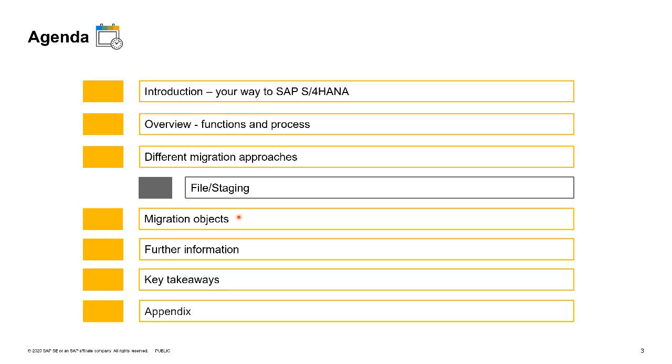After a short demo in the system, we give you some insight about the migration objects which are available in the standard. And for sure, we provide additional information on what to find where, some key takeaways so that you can make yourself familiar also after this session with the migration cockpit.